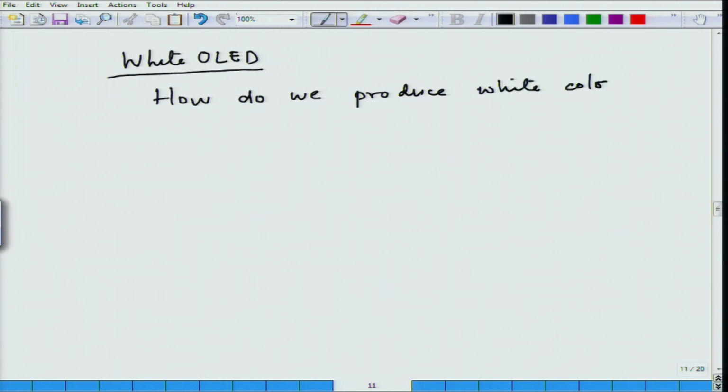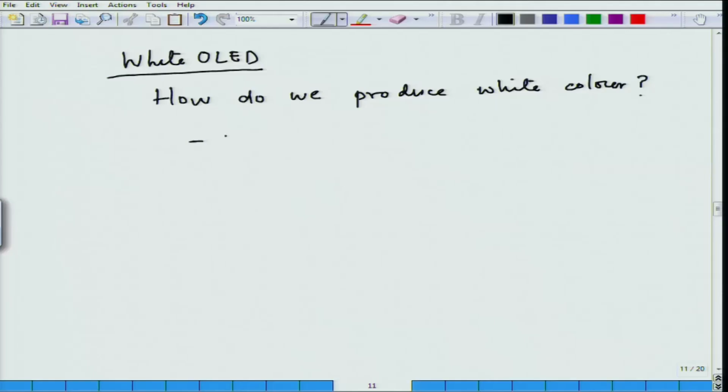The molecules which are existing generally create pure colors which are either red, green or blue, and if you want to use these devices for lighting purposes, we are used to a white color which can be either a warm white or a cool white. How do we generate that?